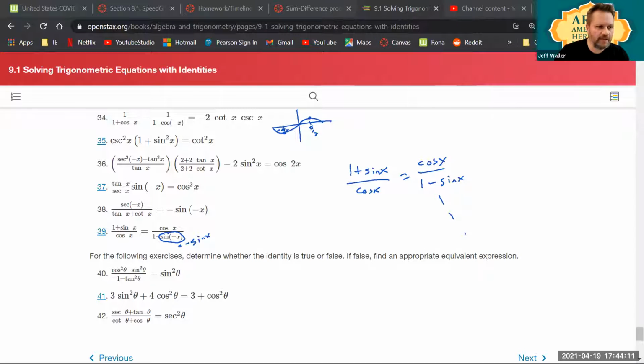You ready? This is not something to do every time, but there's something here that really helps. So watch what I'm going to do. I'm just going to multiply top and bottom by 1 plus sine x, because then I've got something there that's supposed to be there. This is not exactly a last resort kind of thing, but it's not always a first resort kind of thing.